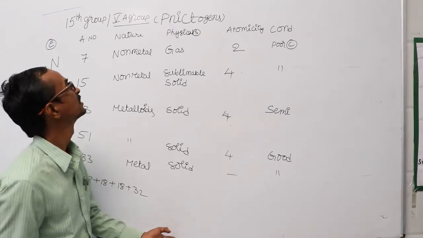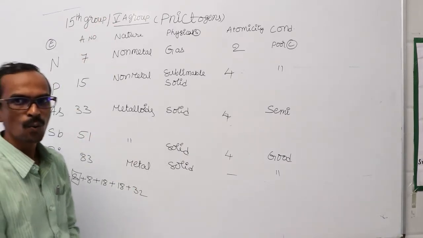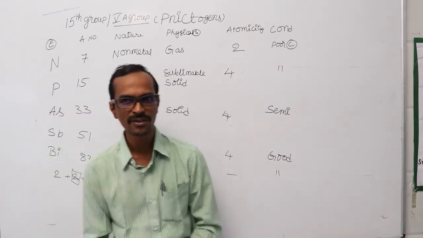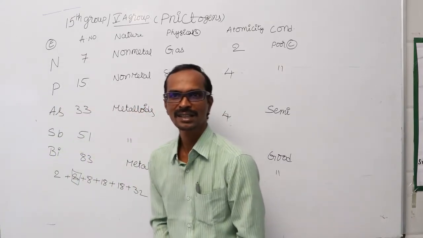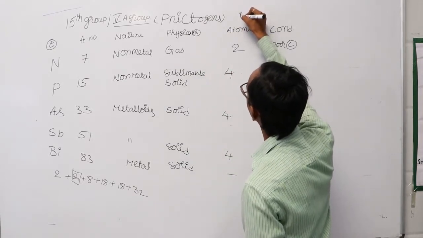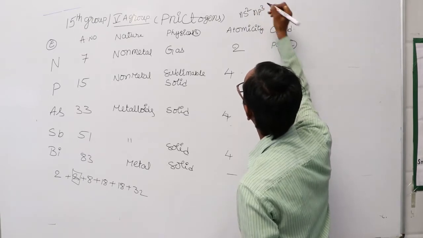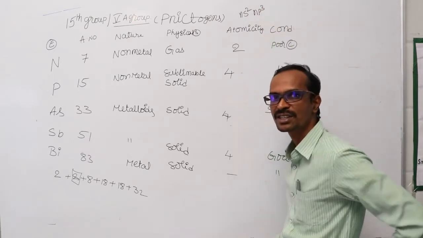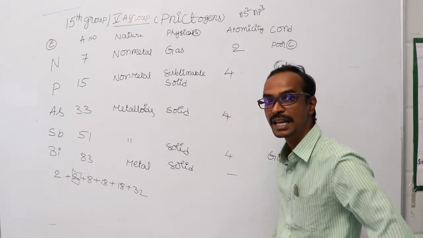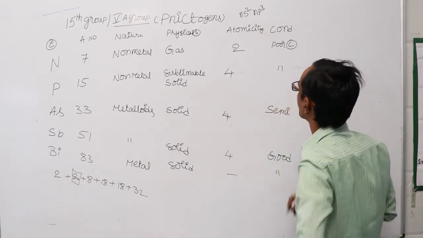And next, here itself I told 15th group elements. Why are these elements called 15th group elements? The general electronic configuration of these elements in the valency shell will be ns2 np3. Let us see whether it is correct or not.